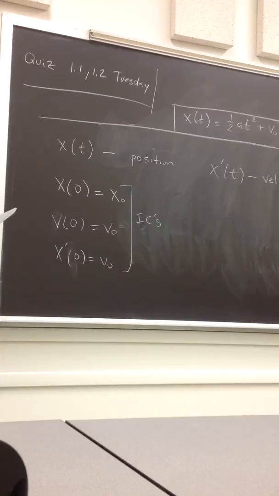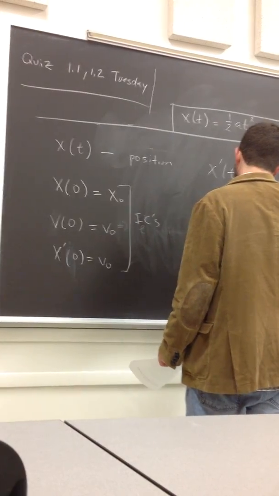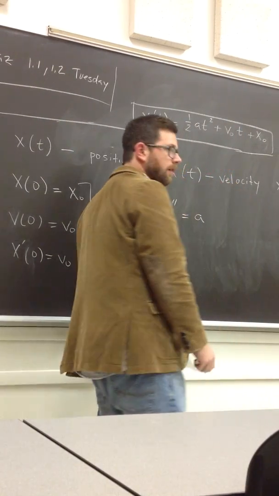What is the acceleration of this particle? X double prime. Right? Acceleration is the second derivative, and we're told that it's constant. So that means that x double prime equals a.